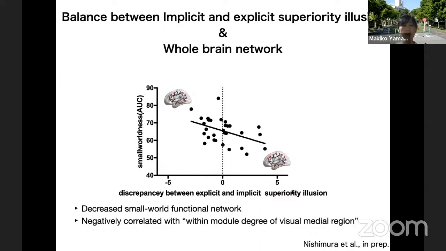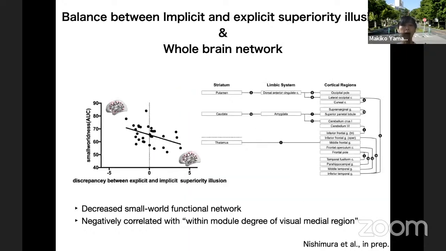And those subjects have low small-worldness in the brain network. Therefore, larger discrepancies are associated with decreased small-world functional network or reduced segregation of the functional network. We also searched for ROIs associated with this discrepancy, and we found the visual medial region was important for this discrepancy.